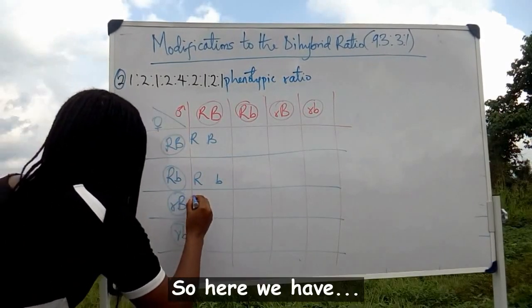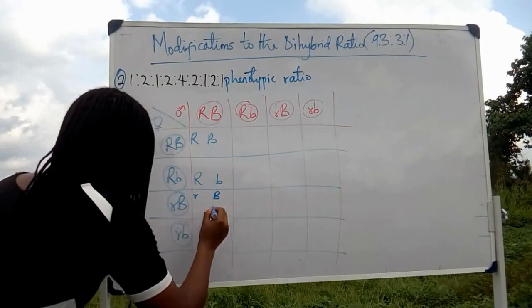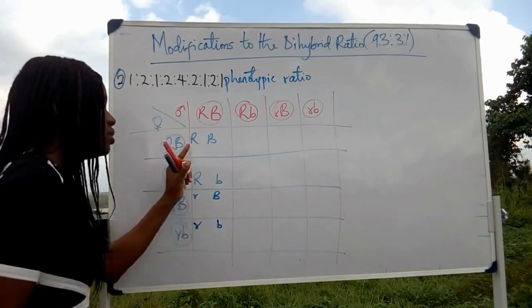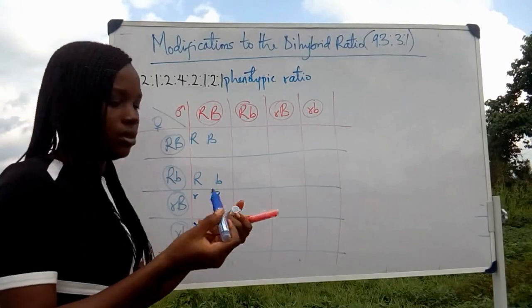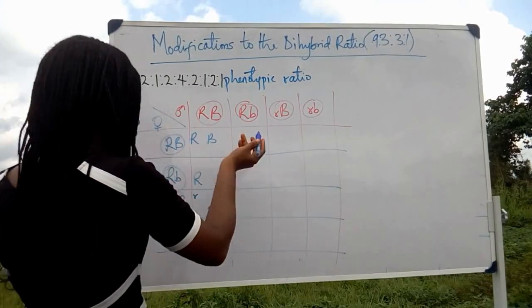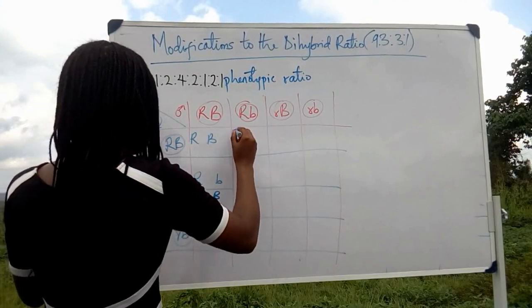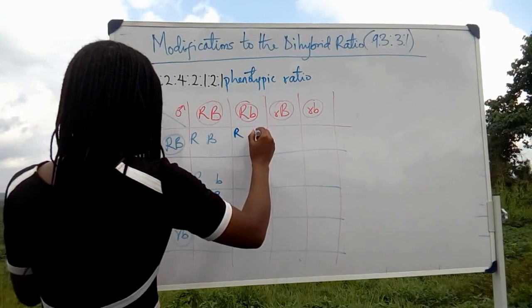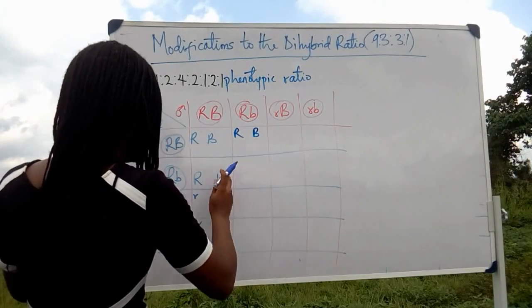So here we have R, B, R, B. Sorry, I'm taking time to write them out since I'm using different markers. Here also we have R and B. Same here.